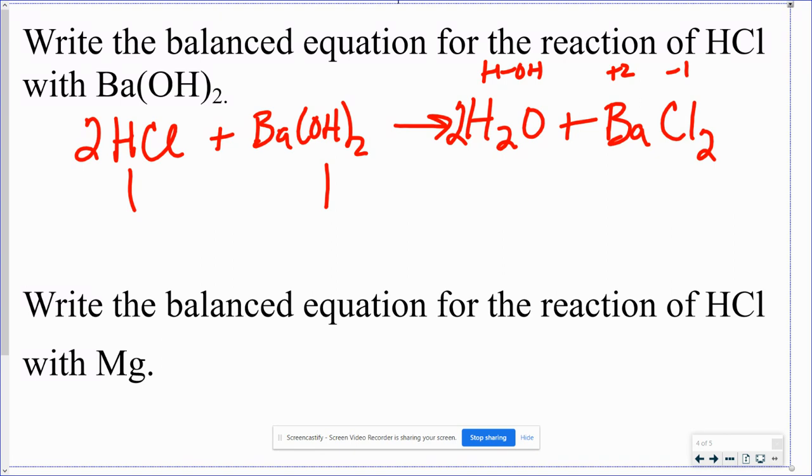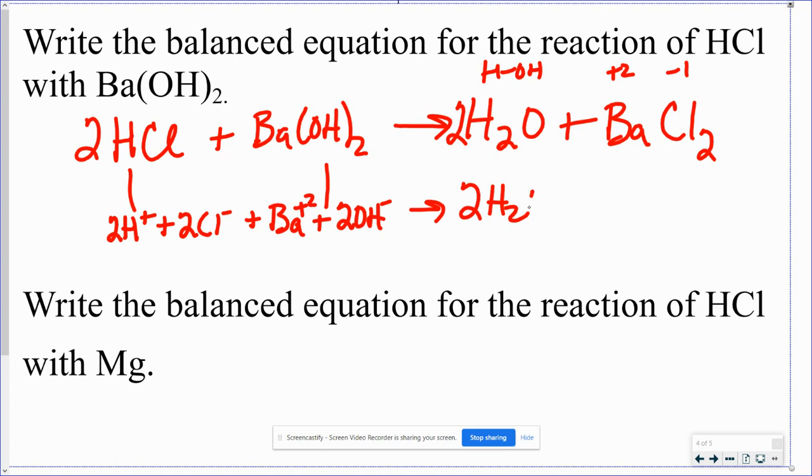If we were going to then write the net ionic equation, well, first we'll do the complete ionic. So this would be 2H+ plus 2Cl-. Barium hydroxide, if it's in solution, would be split up into Ba2+ and 2OH-, and then we get water.